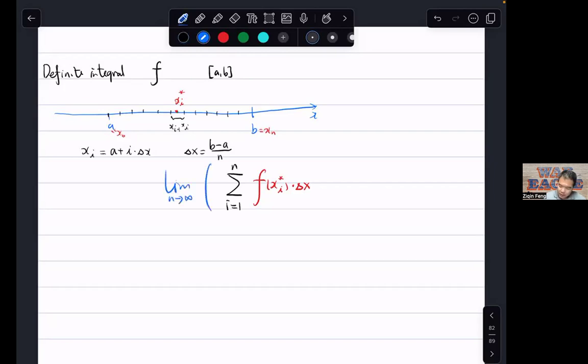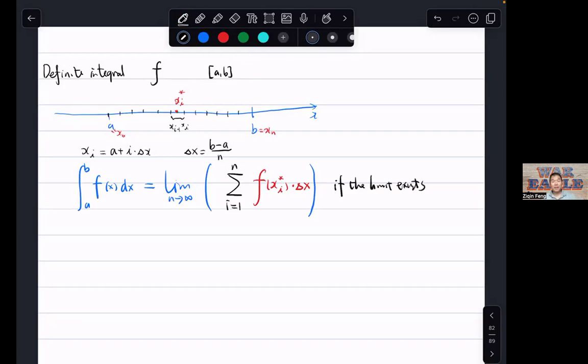If your function is positive, this approximation gets better and better as n gets larger and larger. If the limit exists, this is the integral of f over the interval a b.